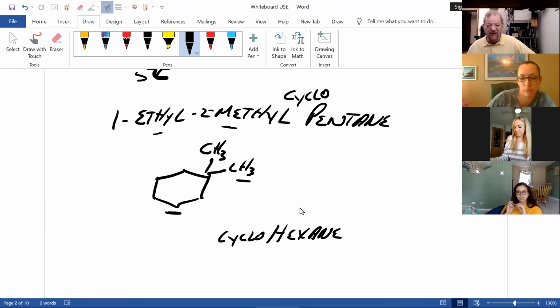Oh, look, it's your soon-to-be very good friend, the methyl group. But there are two of them. Number two, we use the prefix di. And if there are three, which we'll wait till later, it is tri. And therefore, this is methyl.